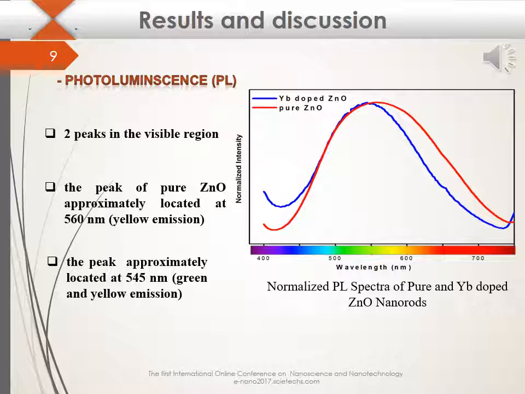This emission comes from the recombination of the holes and the interstitial oxygen ions when electrons occupy the singly ionized oxygen vacancy. Also, there is a slight shift to high energies. It can be attributed to the effect of structures which were responsible for the emission in this region, and the creation of levels by the occupation of the ytterbium atoms, which has limited the emission in this region.